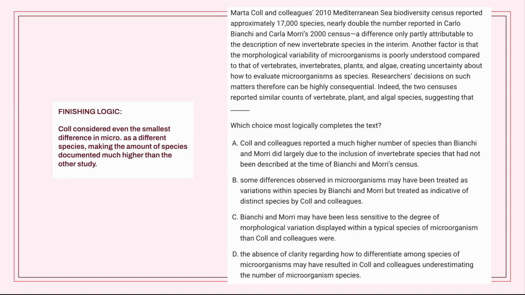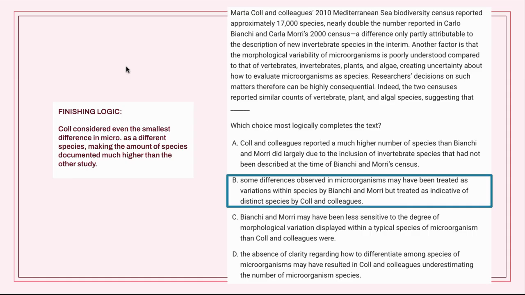So again, these answer choices are kind of long, but take a second and read through them and see which one matches best with this logic. Okay, so some differences, I think B is the best one. Some differences observed in microorganisms may have been treated as variations within species by Bianchi and Mori, so just a little different but the same species in the first study, but treated as indicative of a distinct species by Cole and colleagues.